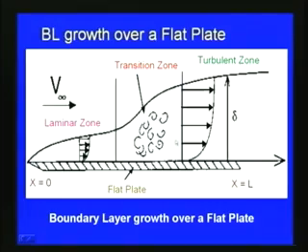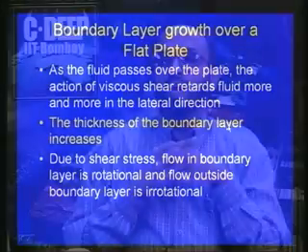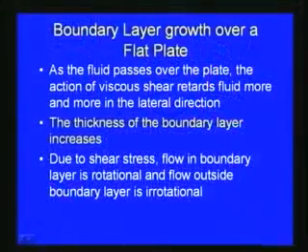So, now this typical case we will be considering here to define various parameters. As we have already seen, as the fluid passes over the plate, the action of the viscous shear retards the fluid, such that the fluid velocity is reduced in the lateral direction, and then the thickness of the boundary layer increases.